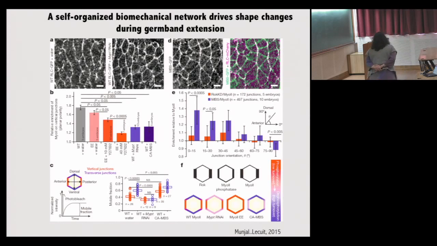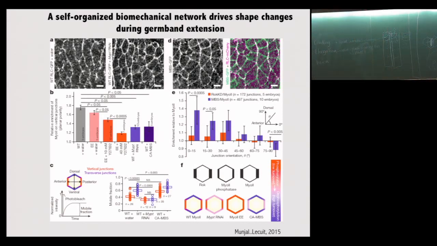So even prior to junction shrinkage, there is an AP-DV difference in the enrichment of myosin at these interfaces. As the junctions shrink, other things happen, but you could say that DV-AP axis polarization with respect to these proteins I showed you is genetically hardwired.